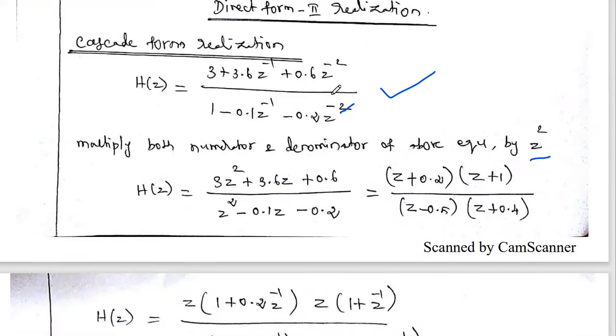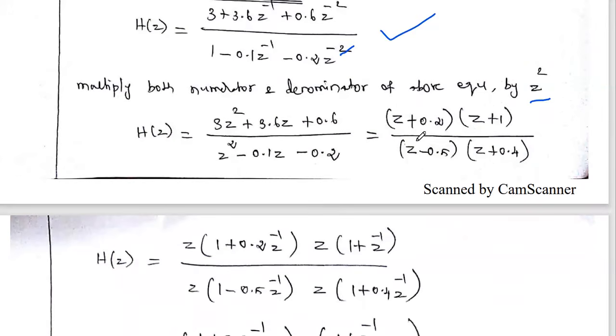Each term is multiplied with z squared, so we get H(z) equal to 3z squared plus 3.6z plus 0.6, z squared cancels, divided by z squared minus 0.1z minus 0.2.